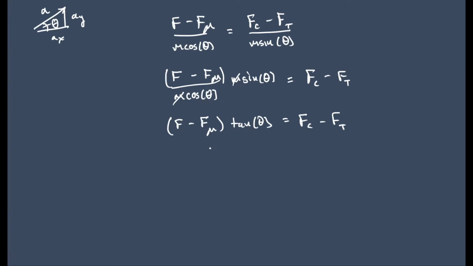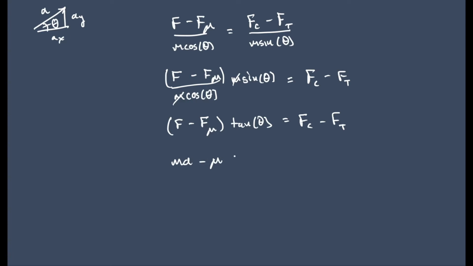So what I want to do now is take a look at isolating this tangent and substituting all of what we know for our forces here. Okay, so this force is the mass times the acceleration, of course, in the x direction. I'll just say ma for right now.